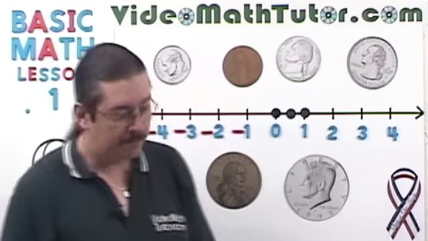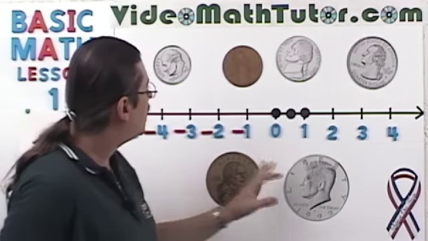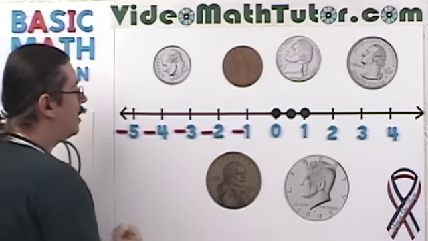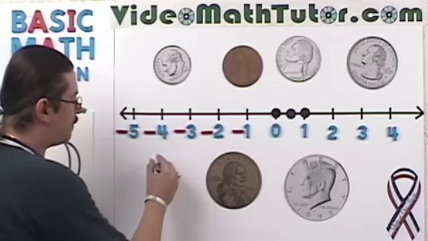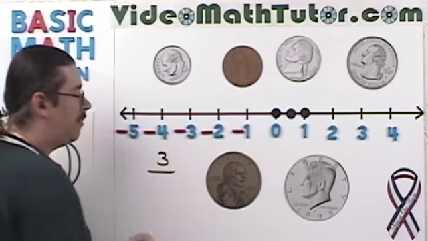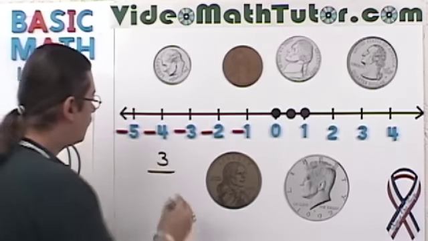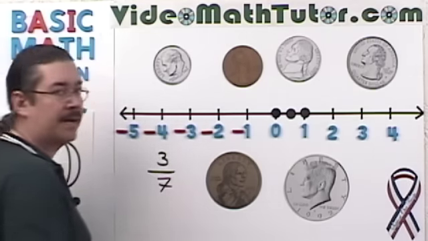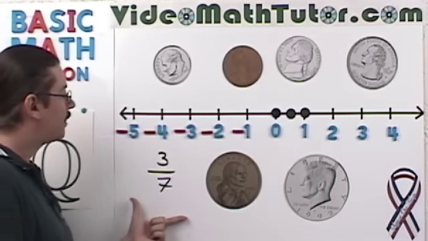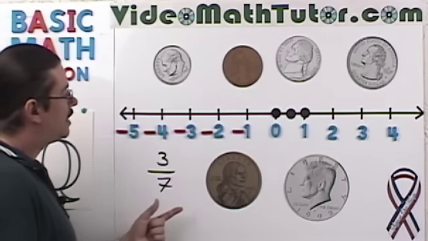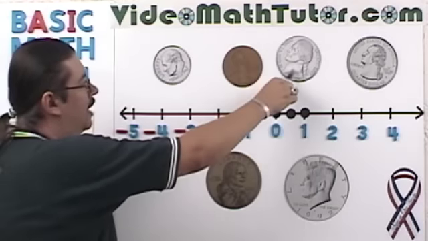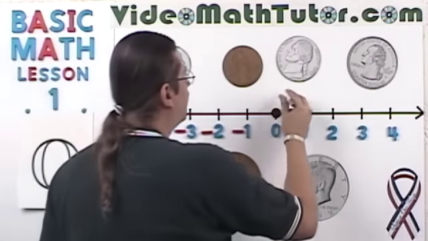All right? So, in a nutshell, what you want to remember about a rational number, it's an integer, for example, 3 divided by another integer that's not 0, like 7, for example. Okay? Now, you might say, well, this is a nickel. It's worth 5 cents.